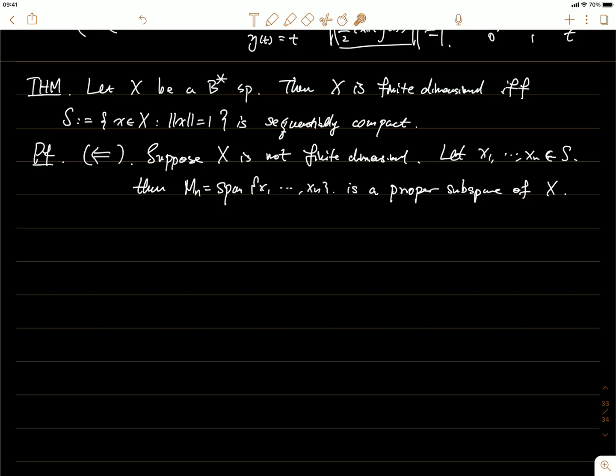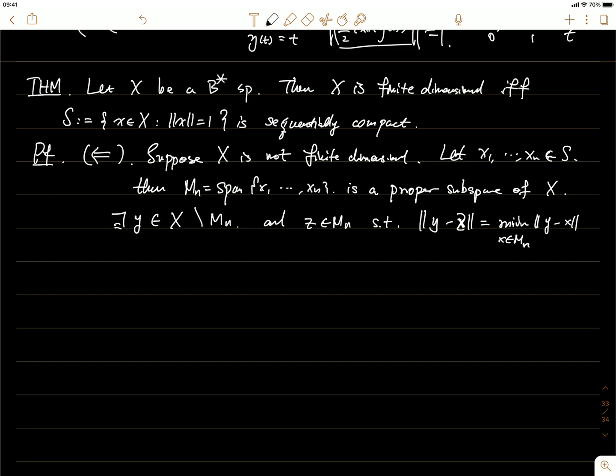And it is a proper subspace of X means that there exists some y that is in X, but not in Mn. Because of that, we showed that for any y, we can find a unique point z in Mn such that the norm of y minus z is the minimum, the distance between y and Mn.